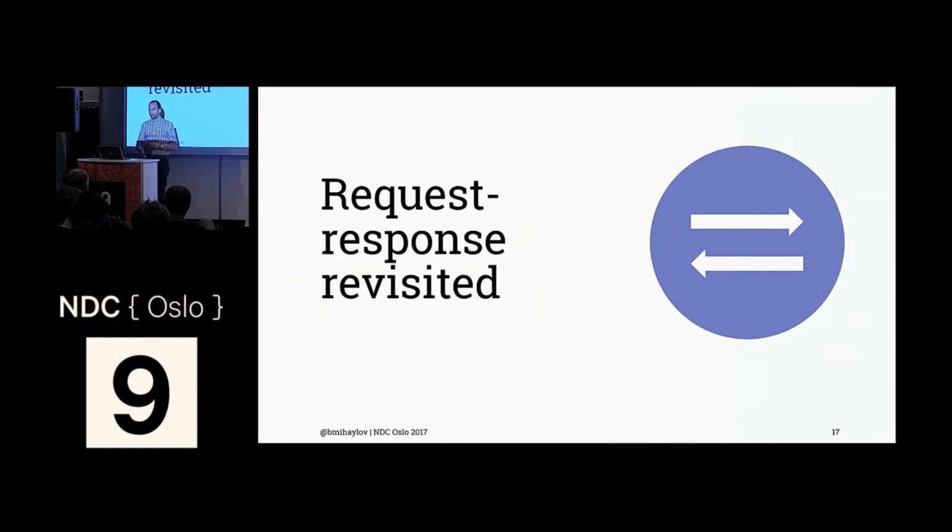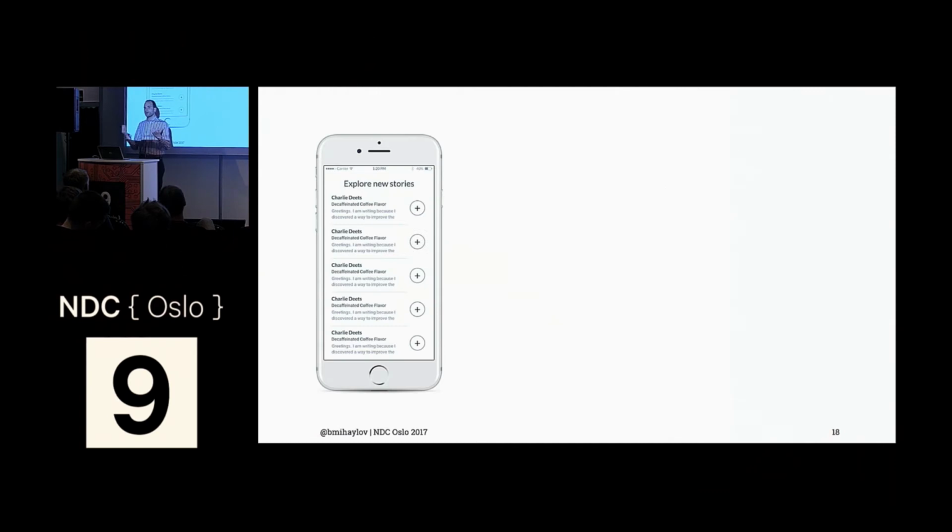What does it mean? Let's say that we have a mobile application that is listing some news, and you have the possibility to mark news as favorite. Very, very simple. The typical request-response model would be implemented like this.